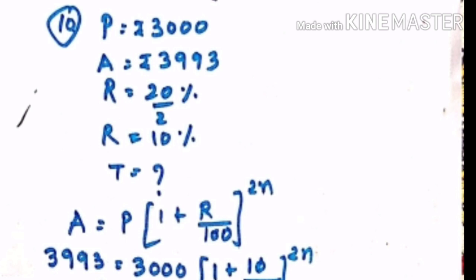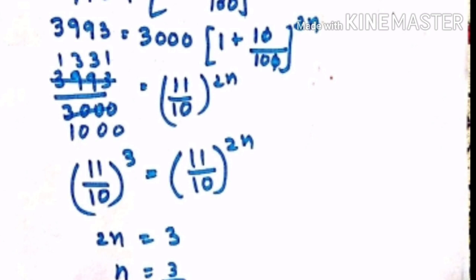Then I place the values. 3993 is equal to 3000 into 1 plus 10 by 100, power 2n, and after that I cancelled one zero from 10 and 100 on the right hand side. Then on the left side, 3993 divided by 3000 is equal to, on the right side after cutting I take the LCM, so I get 10 plus 1, 11 by 10, power 2n.